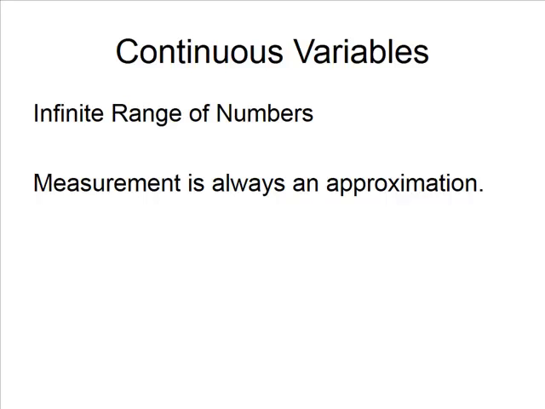If we're going to have variables, we have to recognize that variables can come in all sorts of shapes and sizes. The best type of variable is known as a continuous variable. A continuous variable, in theory, has an infinite range of numbers. And infinite can go one of two ways.